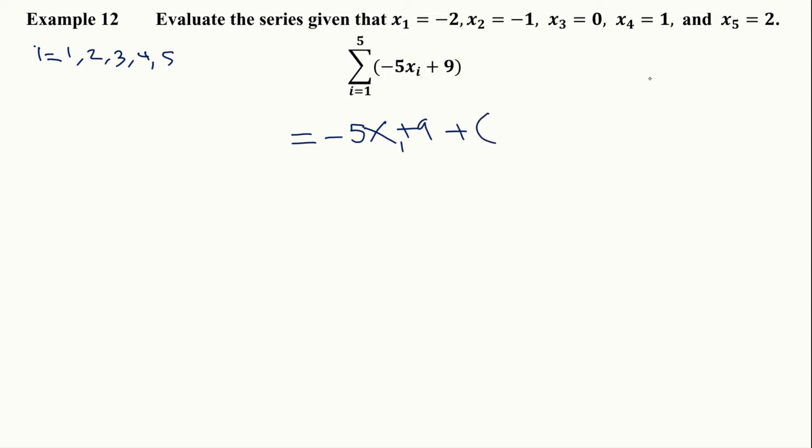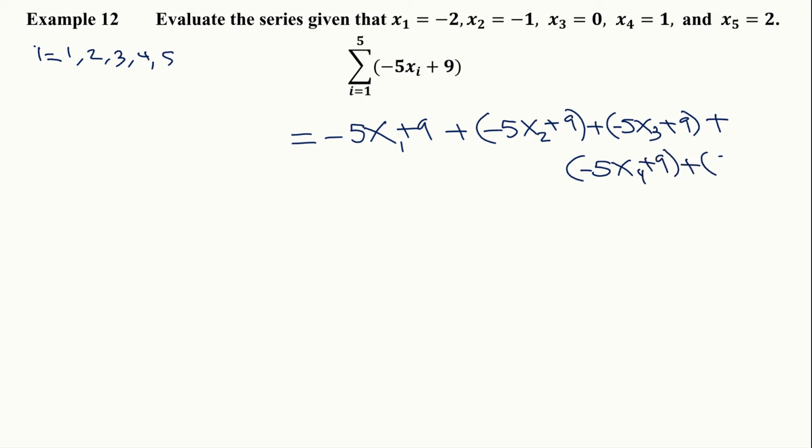Plus quantity negative 5x, run through the value of 2, so x2 plus 9, and then plus quantity negative 5x3 plus 9 plus quantity negative 5x4 plus 9, and lastly plus quantity negative 5x5 plus 9.